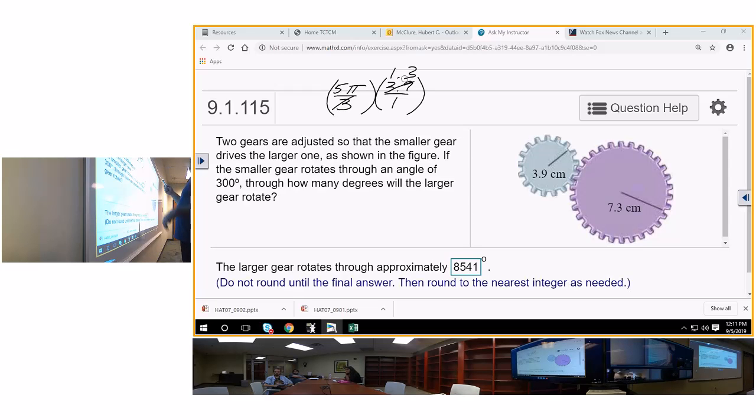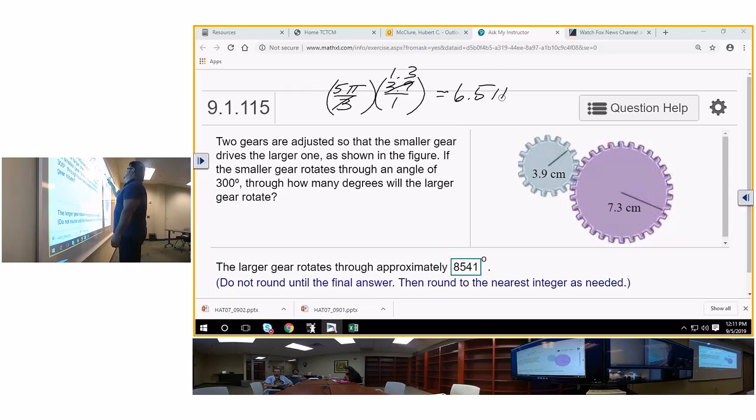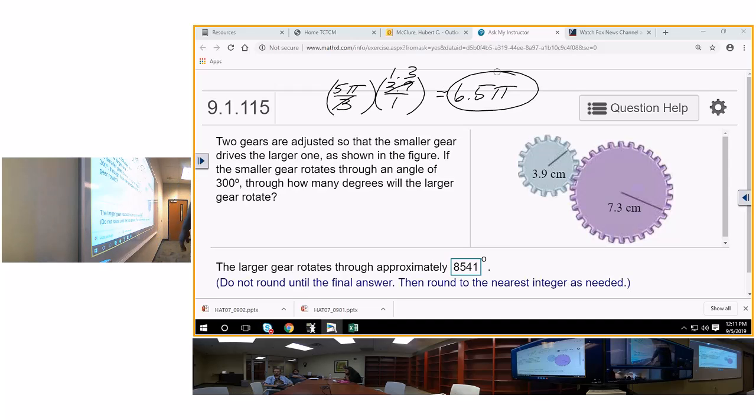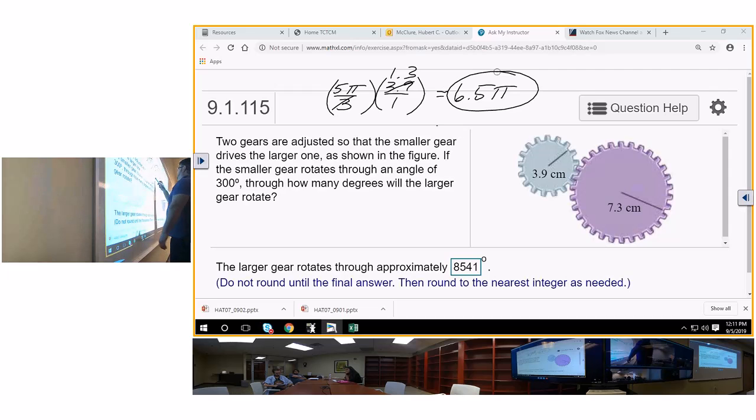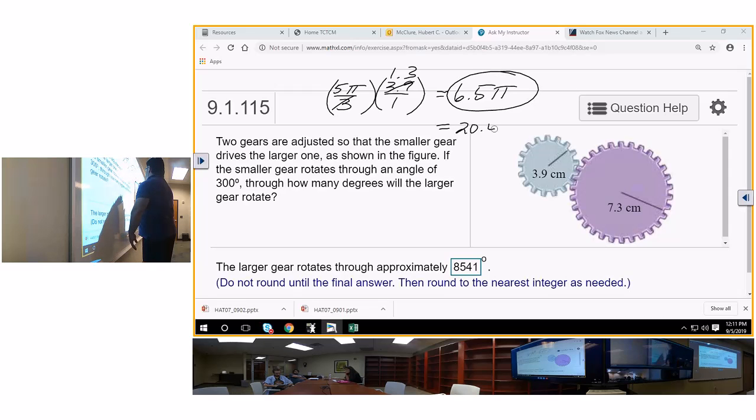Check me on that. That's 6.5 pi. So we're talking about 6 times 3, 6 times 3 is 18, probably 19 something inches. I'm sorry, what? 20.42 inches. So if that would move 20.42, then this would move 20.42.